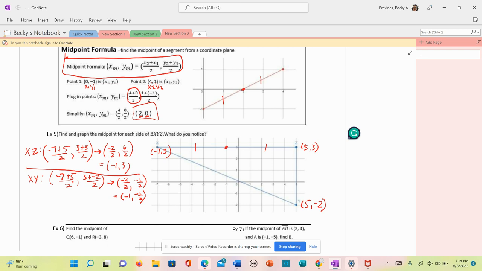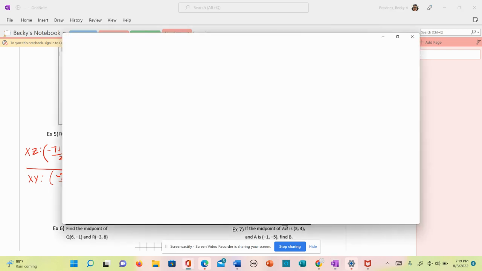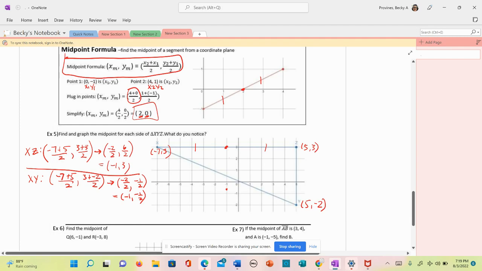Or just -1 and -0.5. Oh, and look, I just caught myself. That's an error. That's not right. So this is actually 3 plus -2, which is +1. So guys, this is a positive. See, that's why it's good to graph it. I just caught myself. That is the midpoint.